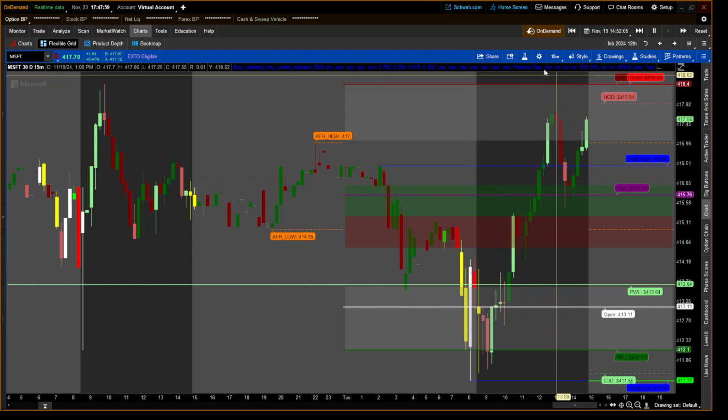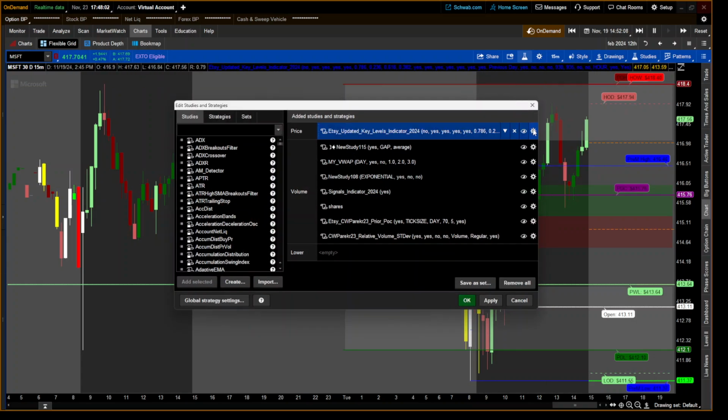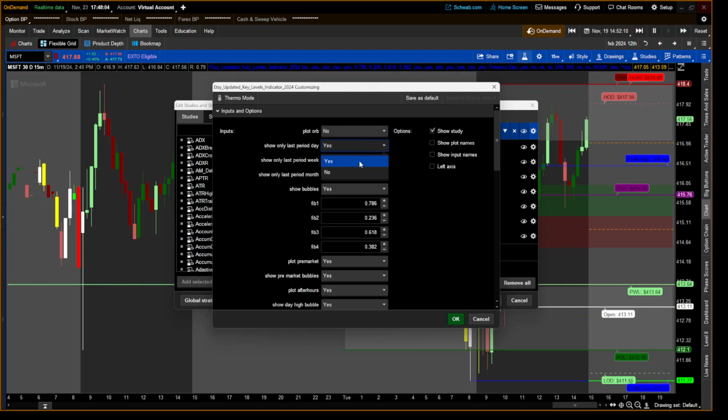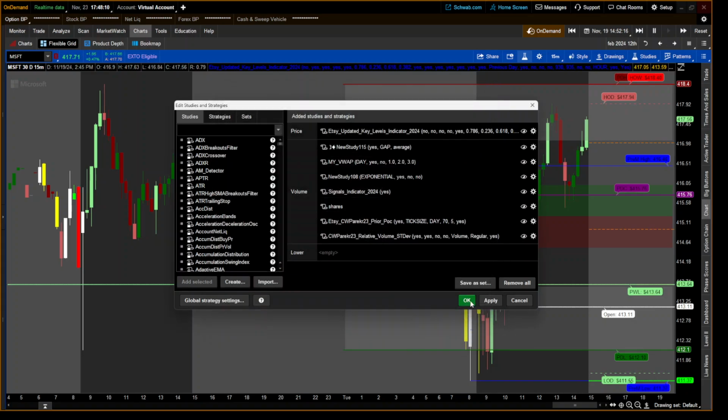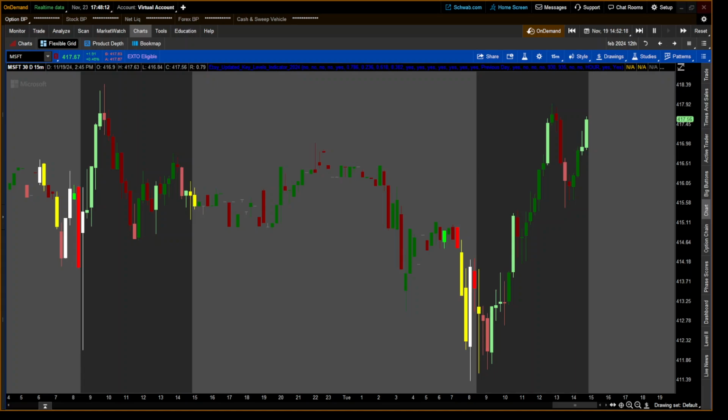And so I'm going to turn those other levels on, so we'll be able to see our day, our week, and all those levels that are previous.